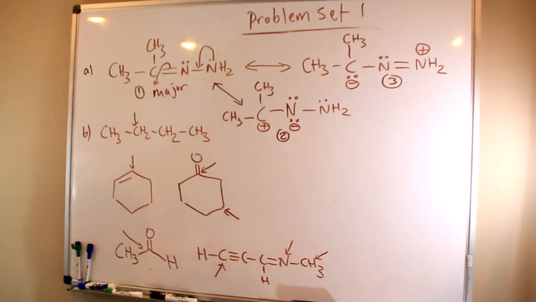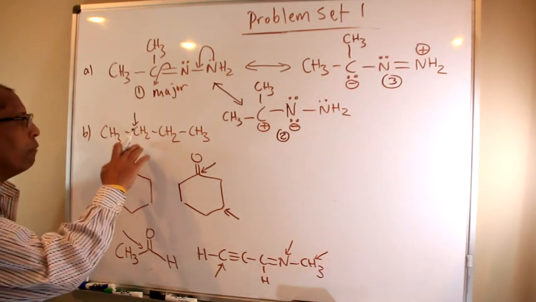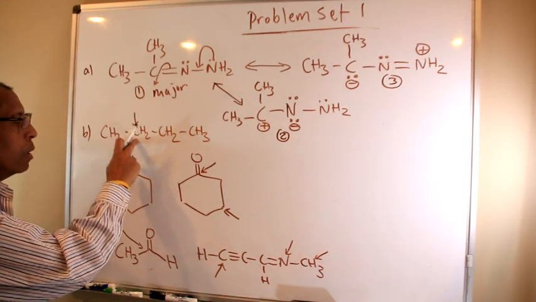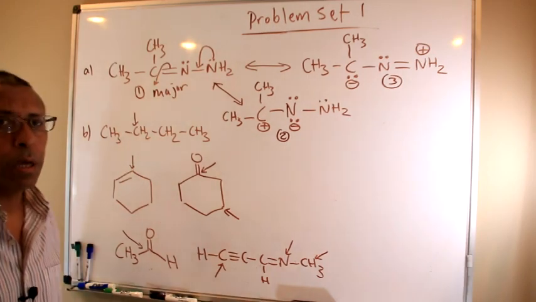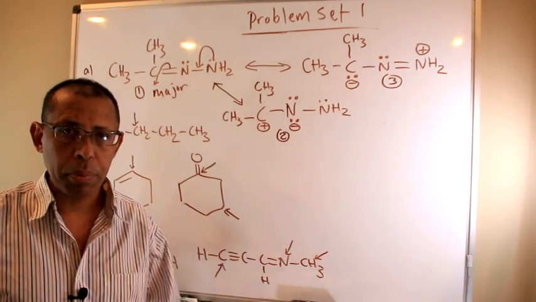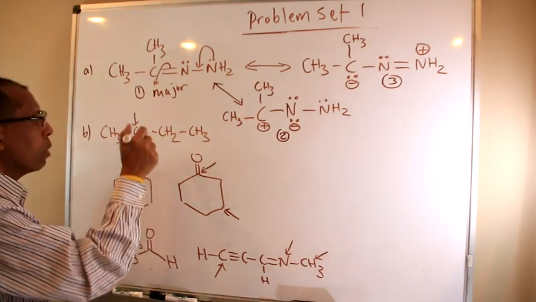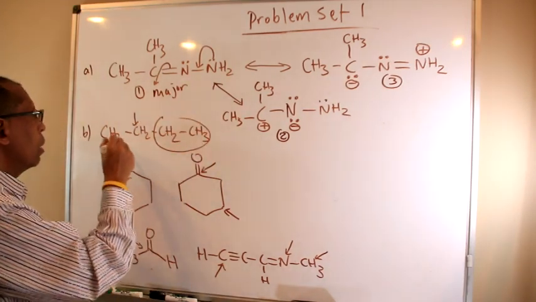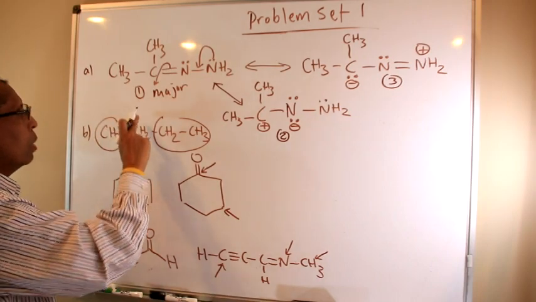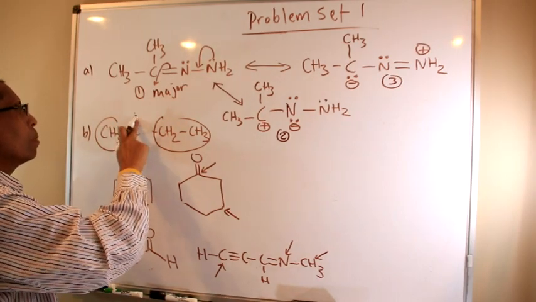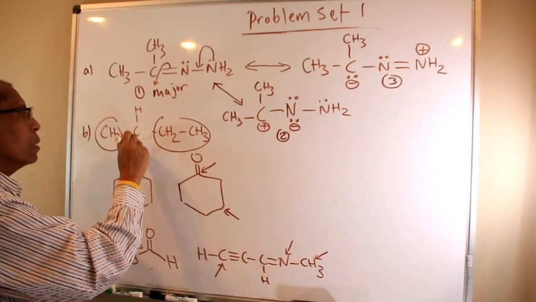If you just look at the carbon right here, it is an sp3 hybridized carbon. It has 4 lobes, 4 atoms that are attached to carbon: group 1, another group 2, and the 2 hydrogens here.